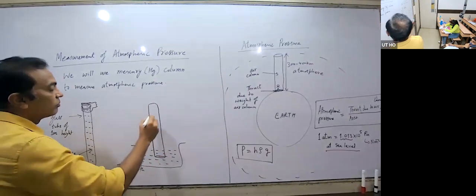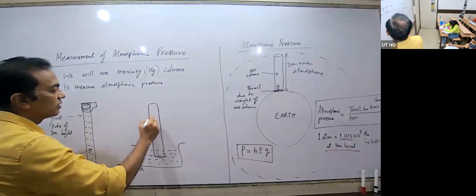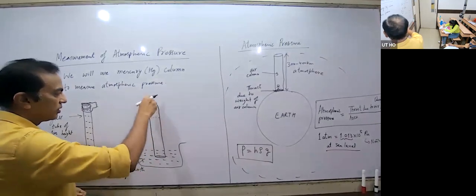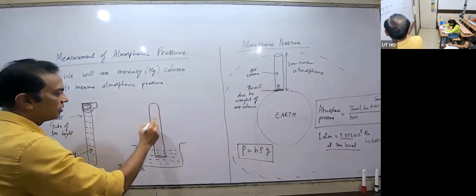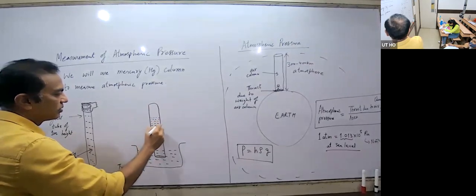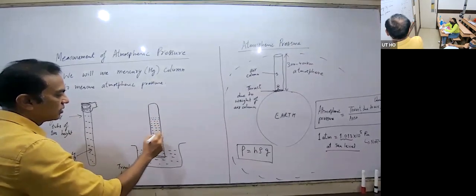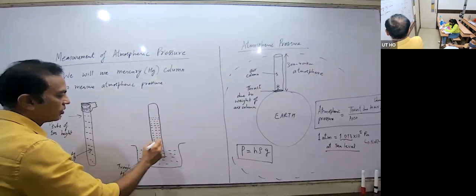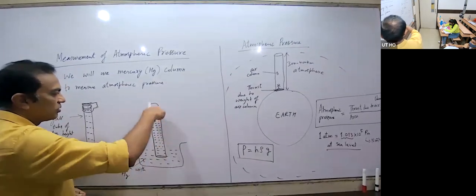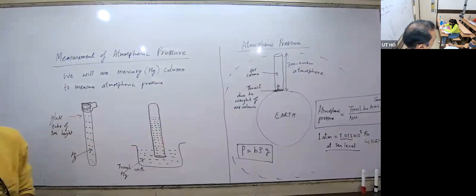This mercury which was filled will start spilling into the trough. But we will see that after dropping to a certain height or depth, it is not emptying anymore; it will stop at some place.